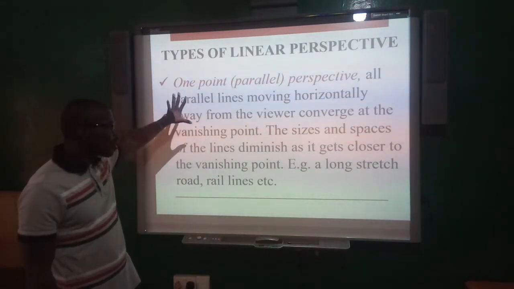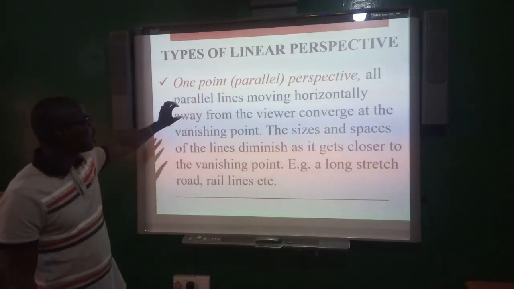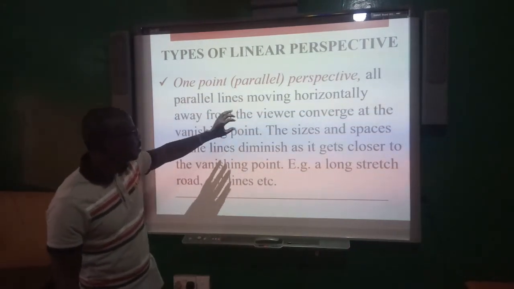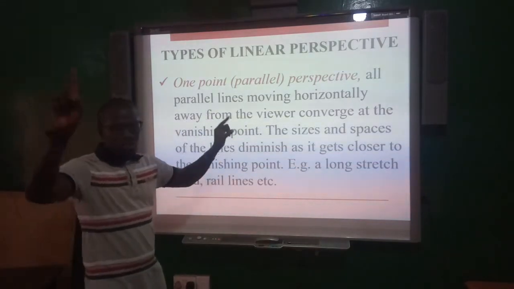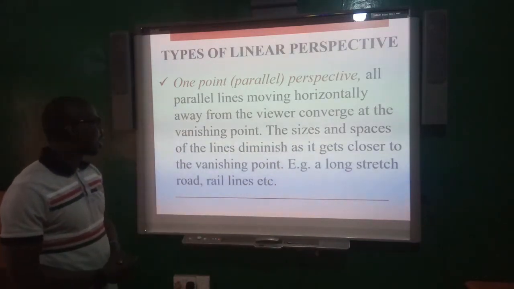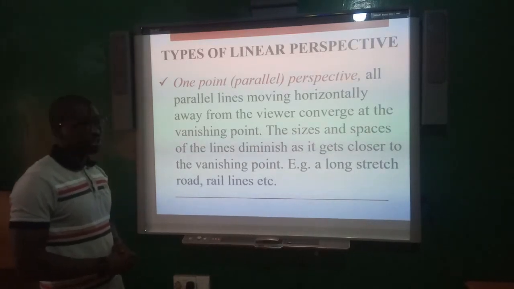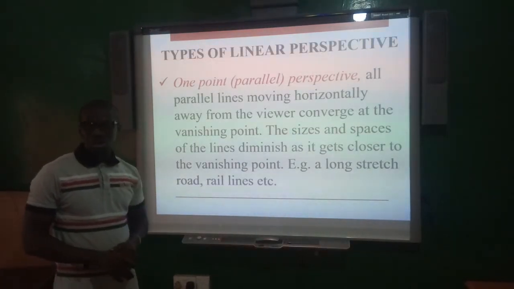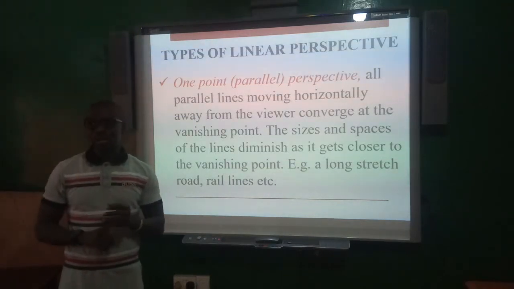So in one point perspective, one thing that you have to have at the back of your mind is that all parallel lines moving horizontally converge at one point. The sizes and spaces of the lines diminishes as it gets closer to the vanishing point. Okay, so in one point perspective, there is only one vanishing point, that's 1.